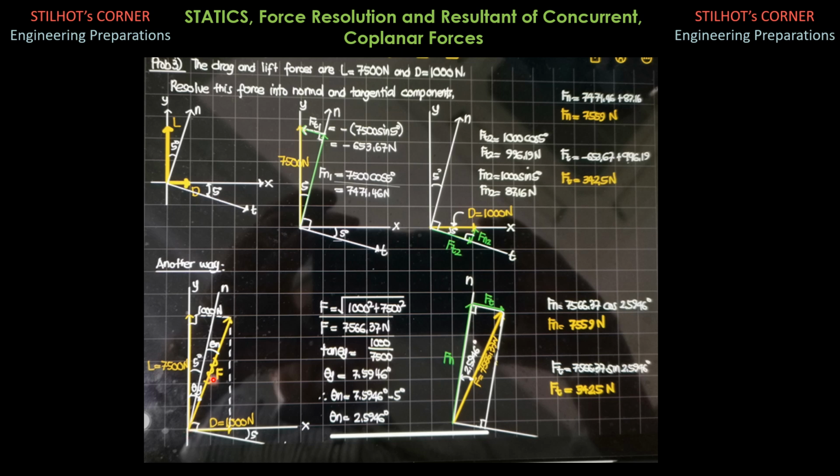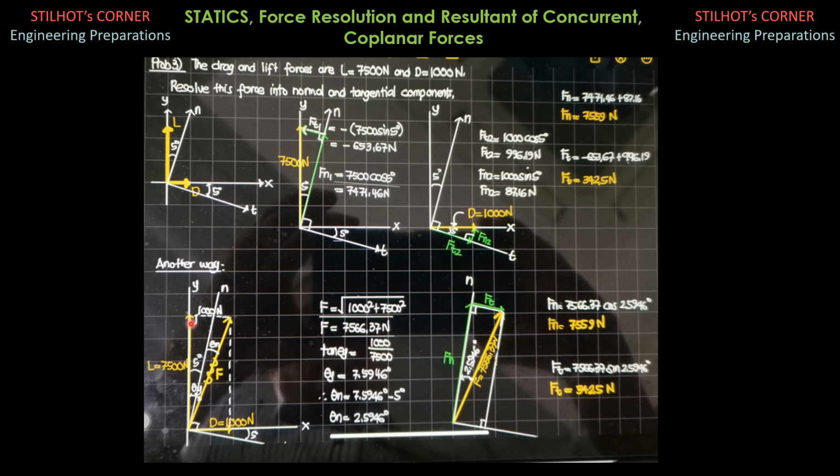And take note that the magnitude of this resultant force is also the magnitude of the resultant force when resolved into normal and tangential components. So F is equal to square root of 1000 squared plus 7500 squared, and it is 7566.37 newtons.